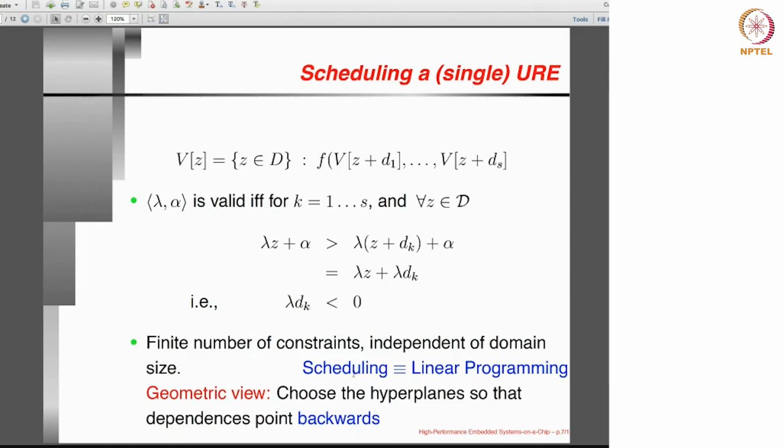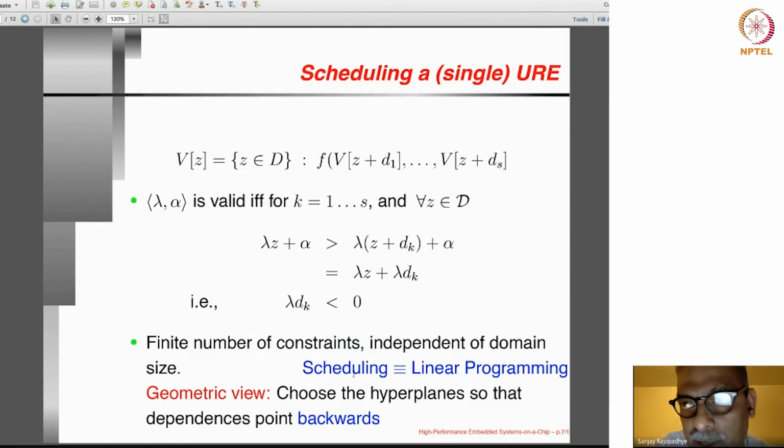Now here is the beauty of the polyhedral model. Because the schedules that we are trying to find are linear functions, and because we have uniform dependencies, let's do a little bit of algebra. Lambda z plus alpha is strictly greater than lambda times z plus d plus alpha.